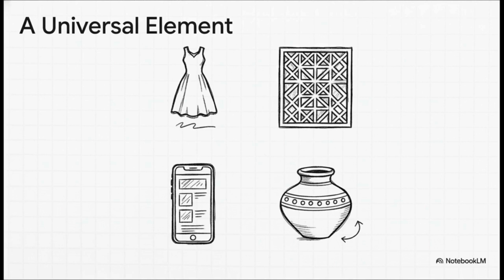In architecture, look at the incredible intersecting lines of a jali screen, creating both pattern and structure. In the digital world, it's the clean grids in a payment app that bring order to the chaos. And in product design, it's the soft, ergonomic curves of a clay matka that make it so perfect to hold.